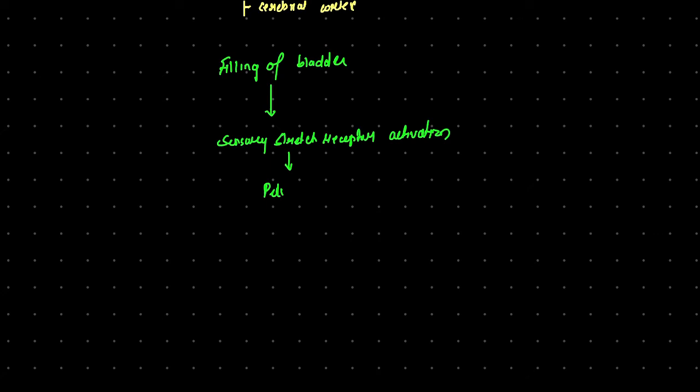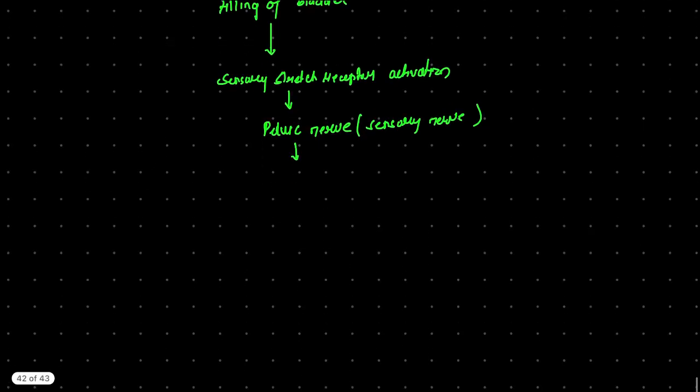So the pelvic nerve will carry the sensory stimulation to the spinal cord, and from the spinal cord there will be the motor fibers of the pelvic nerve.